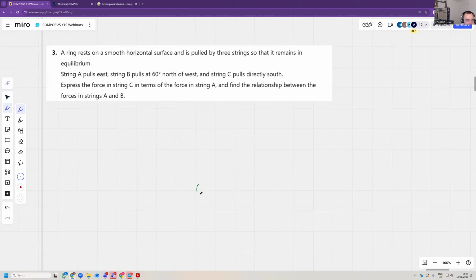So we have a ring. String A pulls east. String B pulls 60 degrees north of west, so that means this way. That's B. And C pulls directly south.